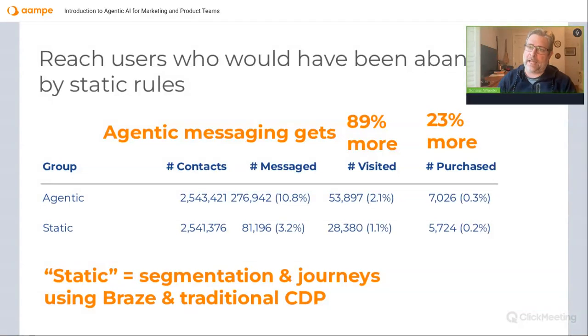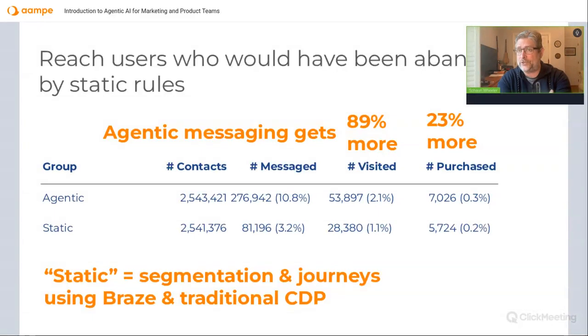Also, agentic systems allow you to find value in niches that normally a human team would not have time to prioritize. This shows results from another customer that was looking at who they messaged, how many users they messaged.